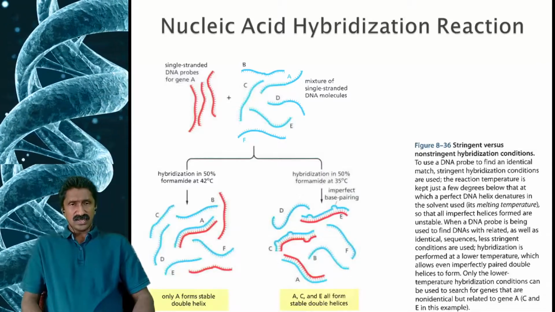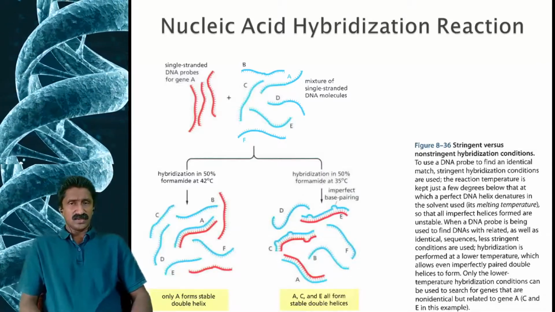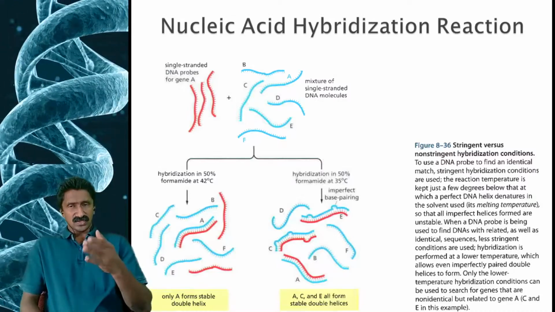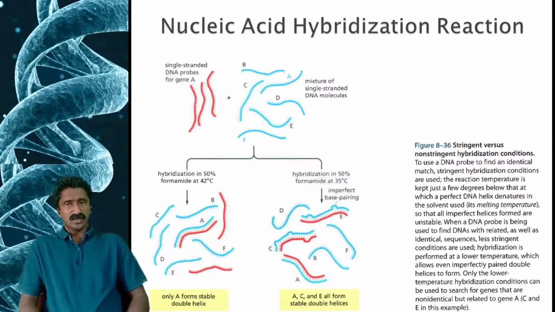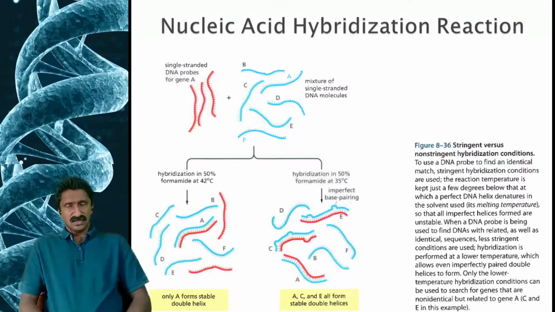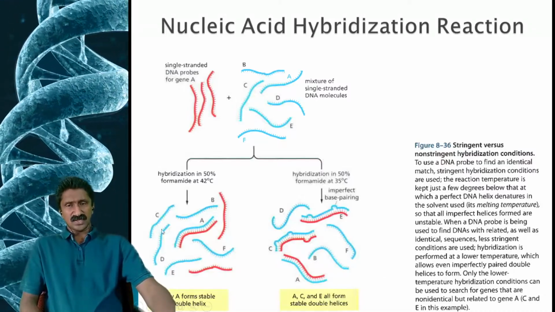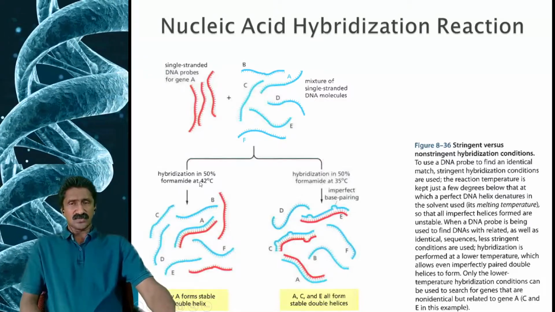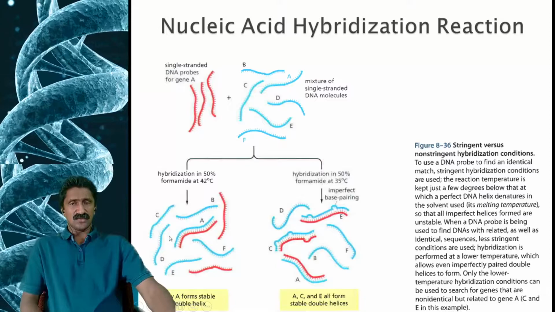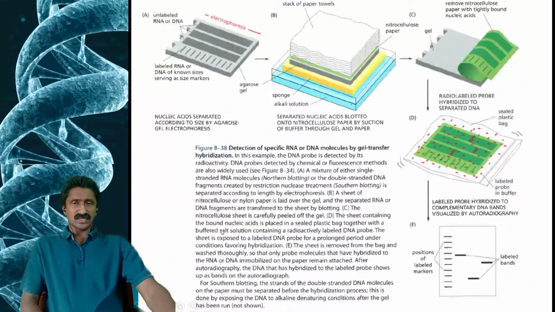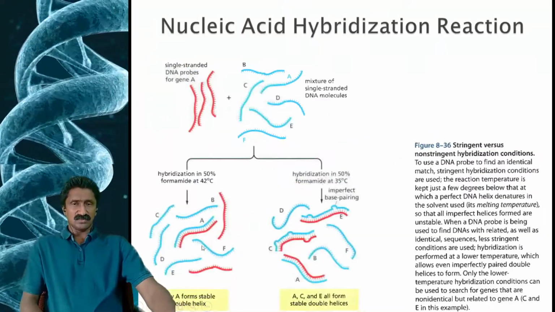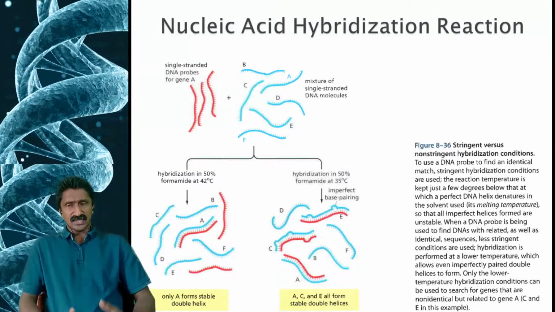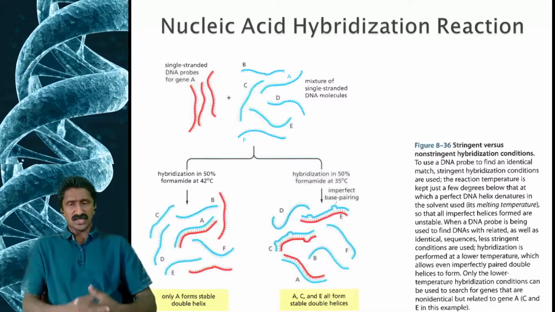Nucleic acid hybridization reaction is also there, where we have single-stranded DNA probes against specific genes. So we construct a specific DNA probe against your specific gene, and under specific hybridization conditions, for example hybridization in 50% formamide at 42 degrees Celsius, the parameters will change based on the reaction conditions, the length of the sequence, and various other factors.